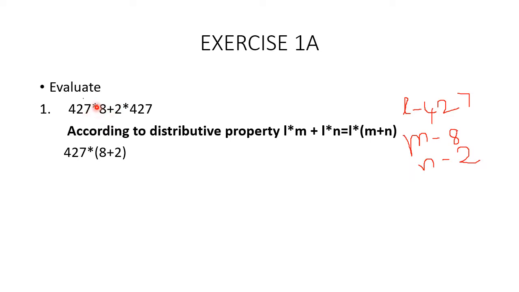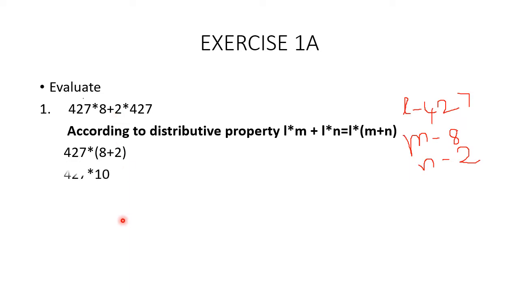So 427 into 8 is one term and 2 into 427 is the second term. In both of these, which number is common? 427 is common in both of them. So you can take 427 common into 8 plus 2.